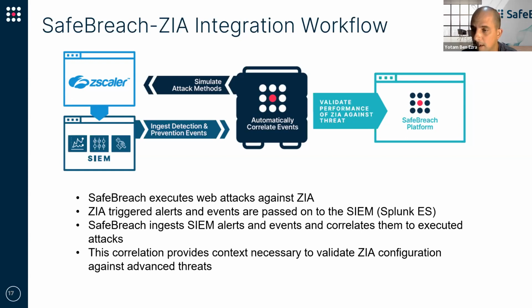SafeBreach will simulate attacks, and then it will query the SIEM platform for logs or for any events that are generated by Zscaler for that specific time frame, for the specific hosts which generated the attacks. And those logs will be fetched into the SafeBreach platform, automatically correlated to the simulations that were associated with them.